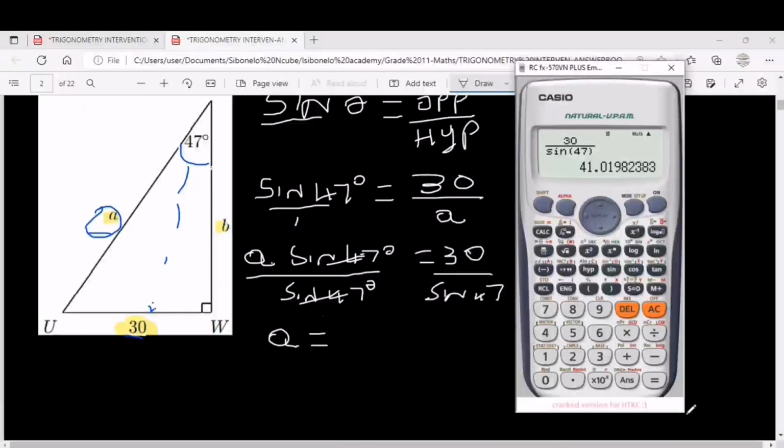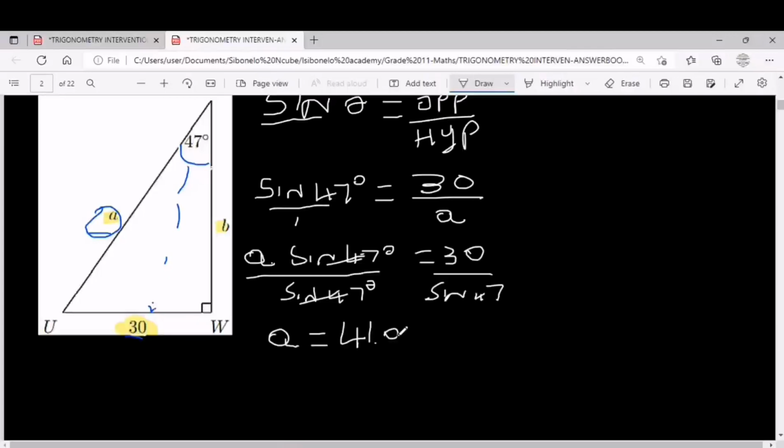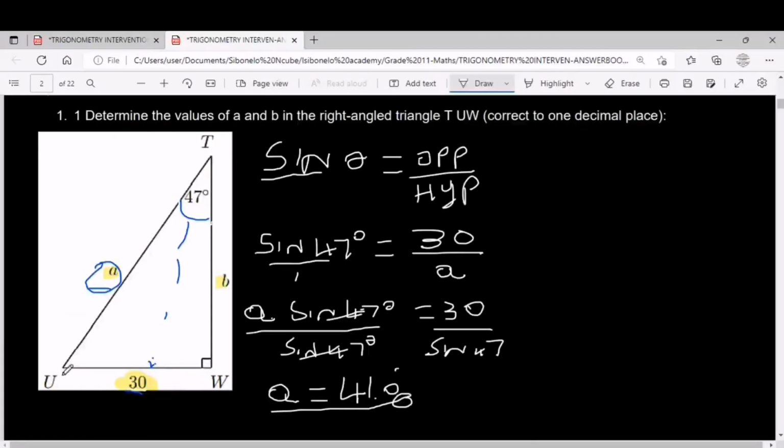The final answer is 41.0 units. It is a length, a distance, so it is measured in units. You can't say 41 degrees, because degrees would be an angle. We wanted a side, not an angle.